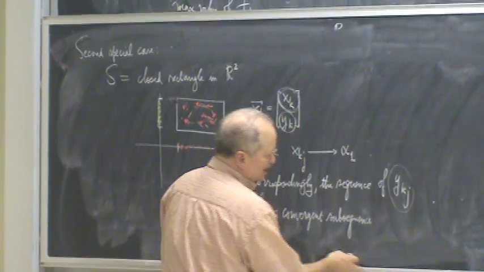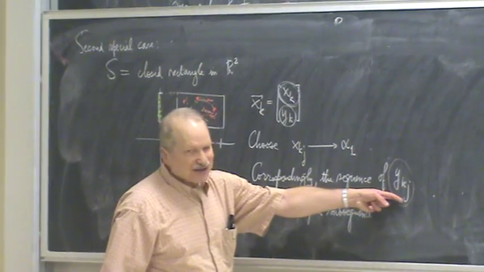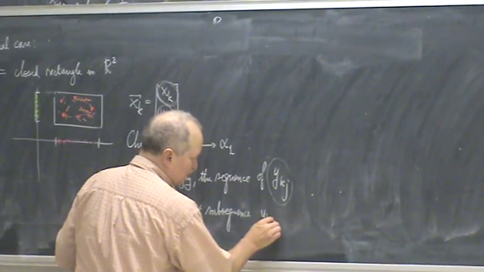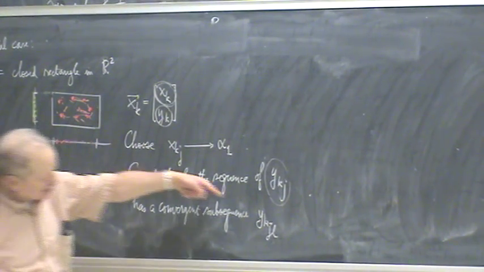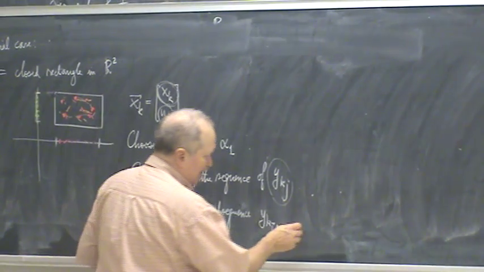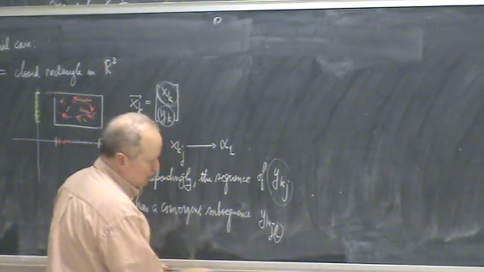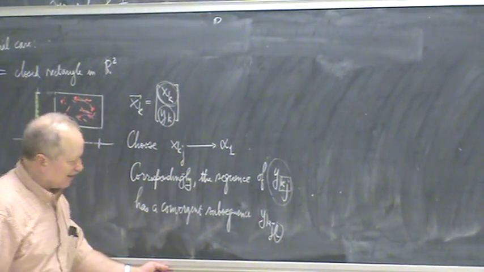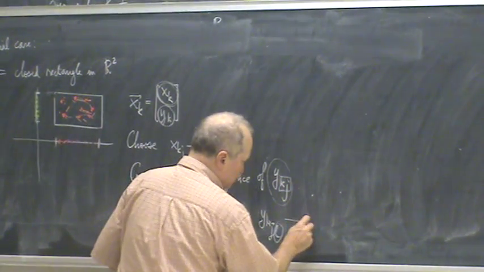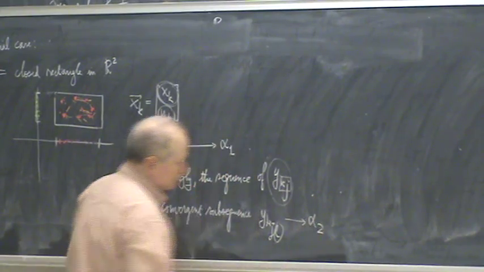So now, when you take a subsequence of this subsequence, this is where you start to groan, because you run out of letters. You have cascading subscripts now. As L varies, you have a subset of these k sub j's that you're picking. And that's converging to some point alpha sub 2.